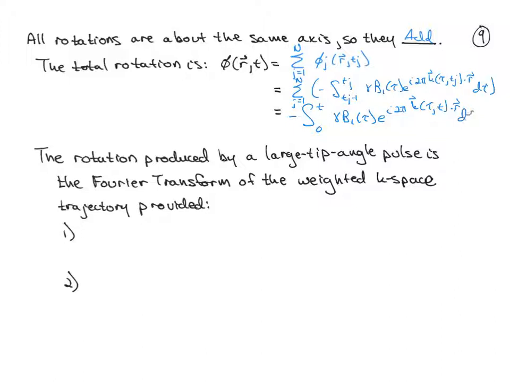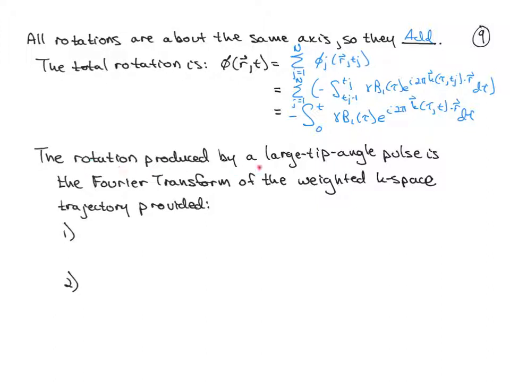So all of this is just to show that the original small tip angle equation applies here when we're thinking about concatenating all these rotations. When we think about this as a series of self-refocused small rotations, what we get is the same thing as the small tip angle equation for the pattern of flip angles that's produced by the pulse.